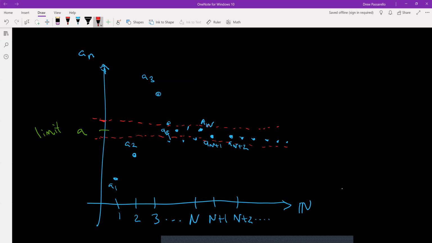Let's say these are our bounds to the confidence level, our confidence interval. And for that, we have some epsilon value. So we go a plus epsilon and then a minus epsilon.